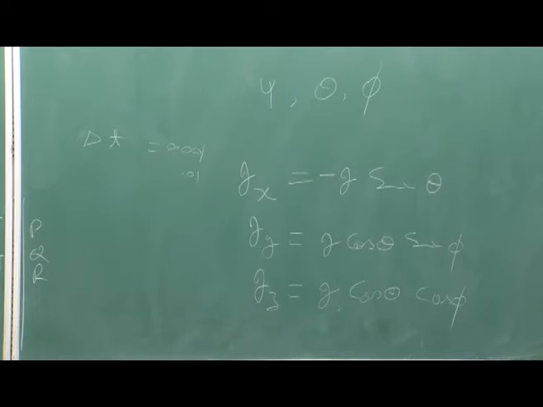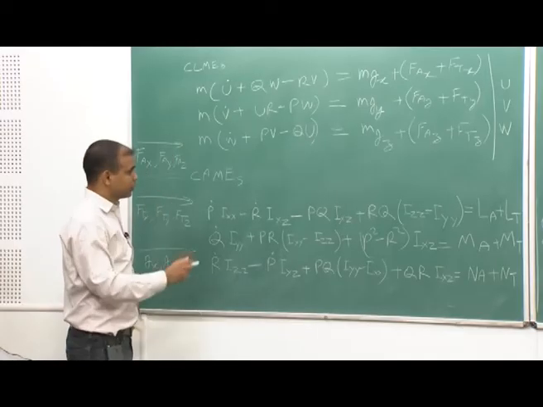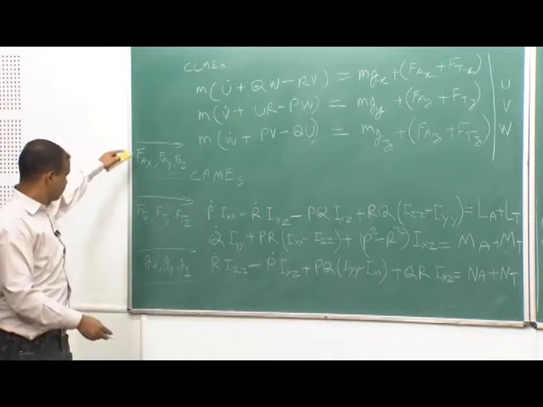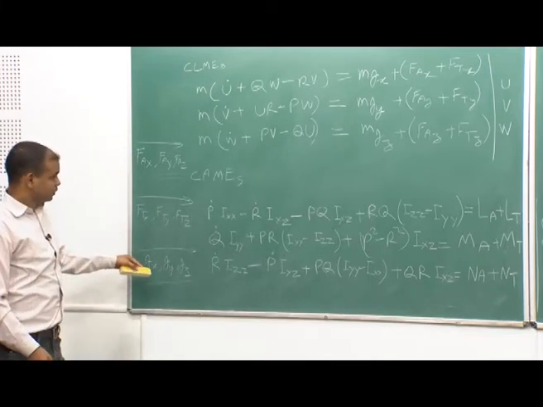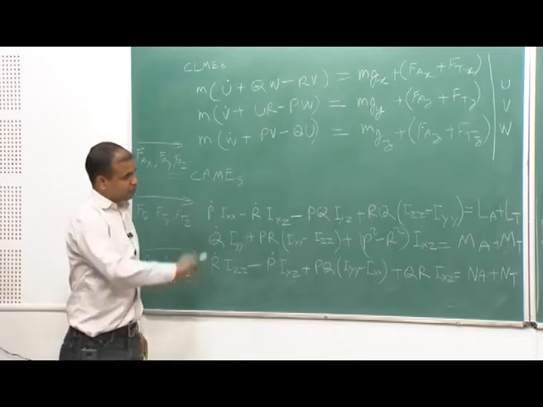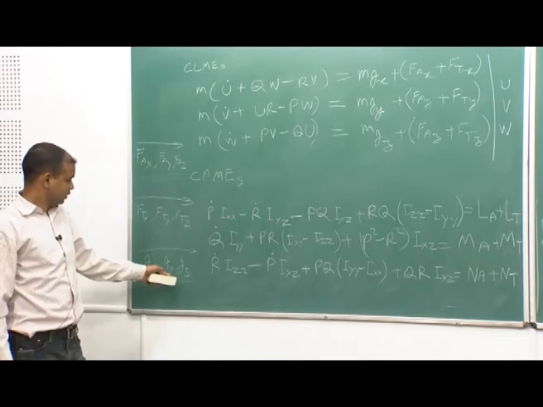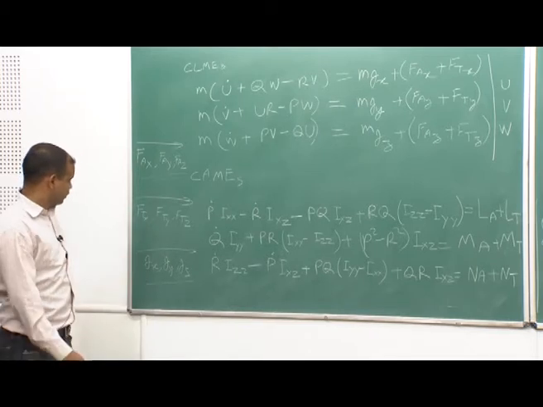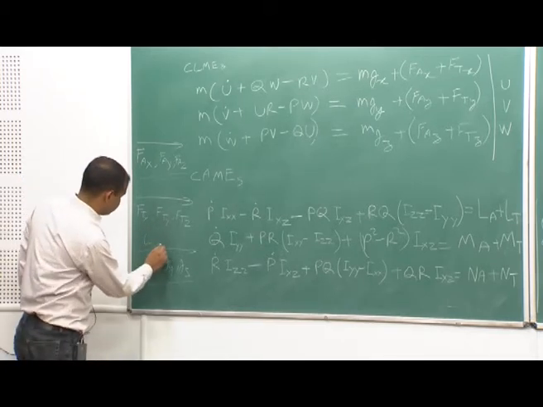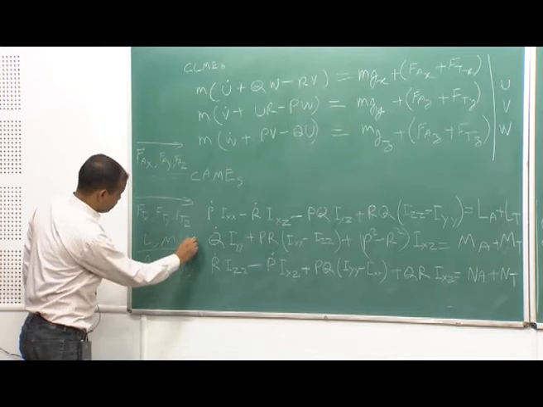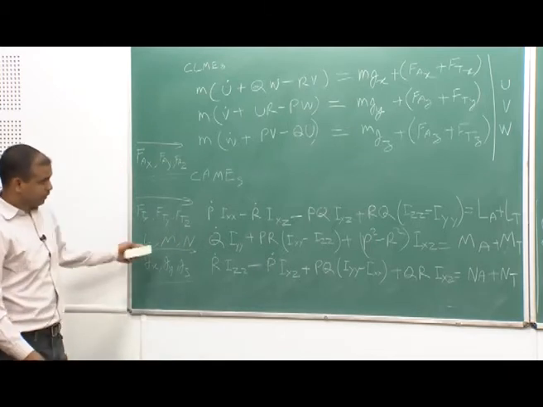Once you solve it for a delta t time, you will get the new values of these forces, this u v w and p q r, and of course L, M and N, these new moment values.